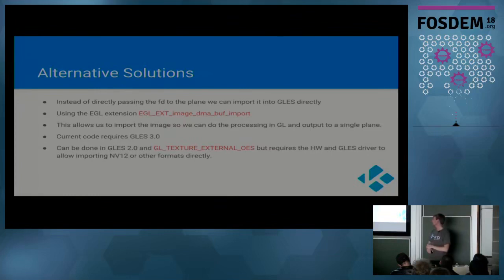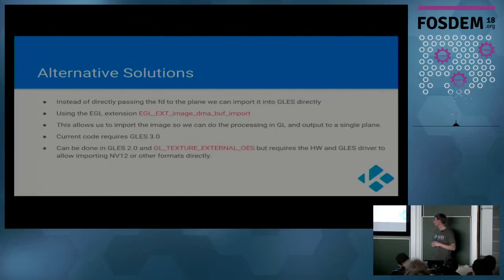The performance is still great. The main problem with it is that it requires GLES3 because of some of the texture support that is needed, and most of these small ARM boards only support GLES2, which is really unfortunate, but that's life.